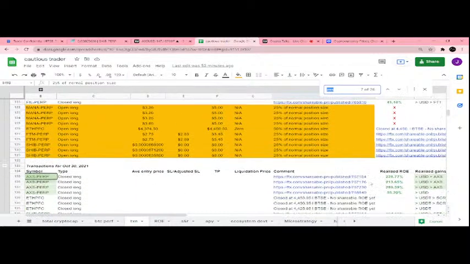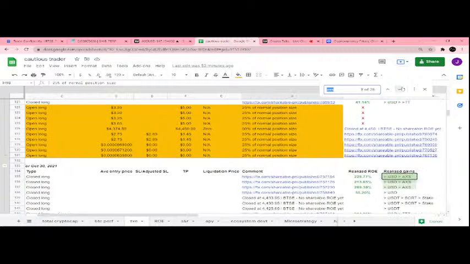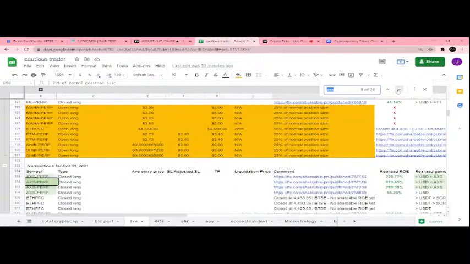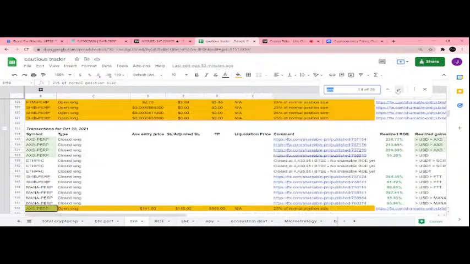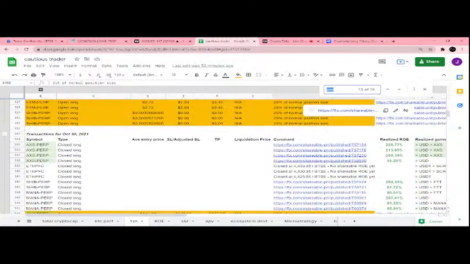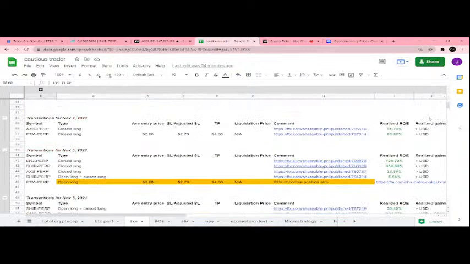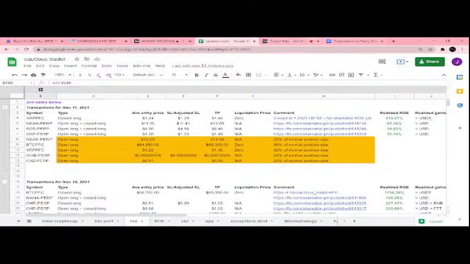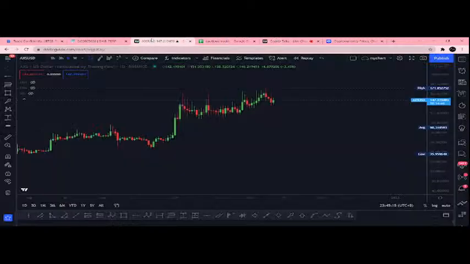Oh, this one is the one that I settled in Axie, my close transaction on October 30, and I don't know for the rest. So I think I have quite some Axie transactions because it's also one of my favorites over the last few weeks. It's actually very volatile.